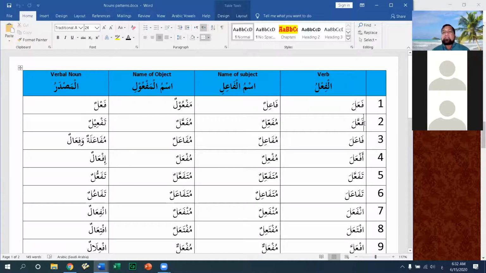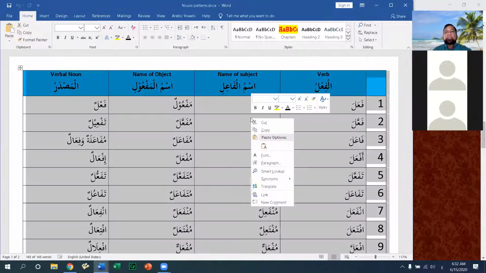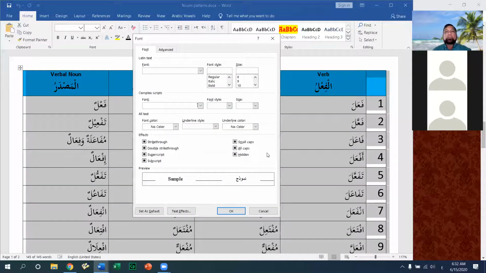The second pattern of the verb, fa''ala, is fixed for the ismul fa'il, ismul maf'ul, and the masdar. So if the verb is on the pattern of fa''ala, ismul fa'il would be mufa'ilun. Ismul maf'ul would be, let me make these bigger so you can read them easily.